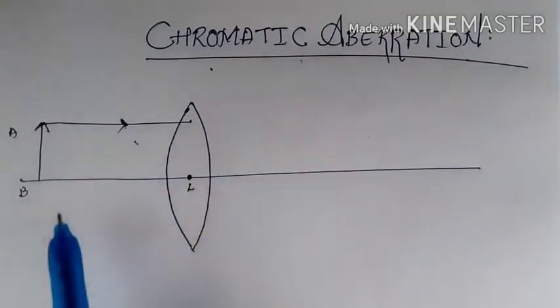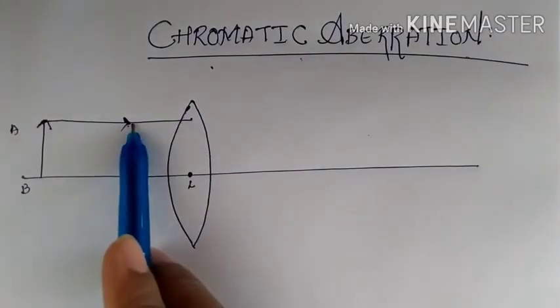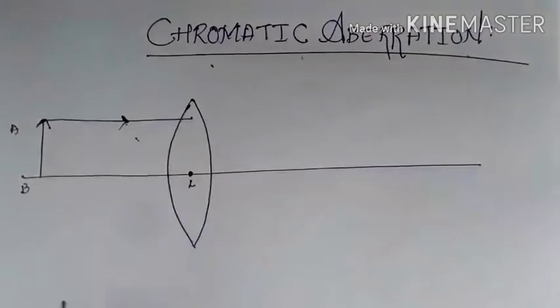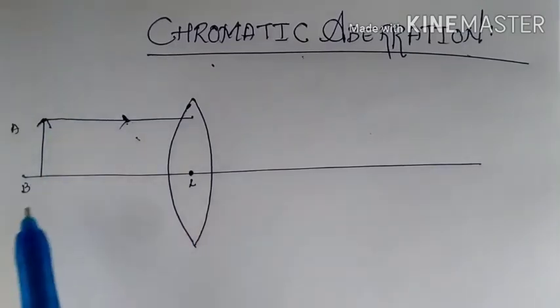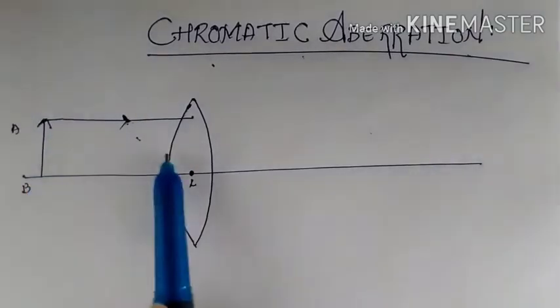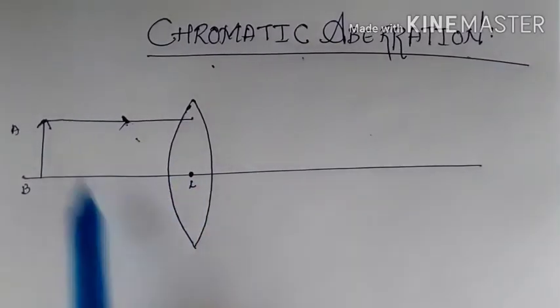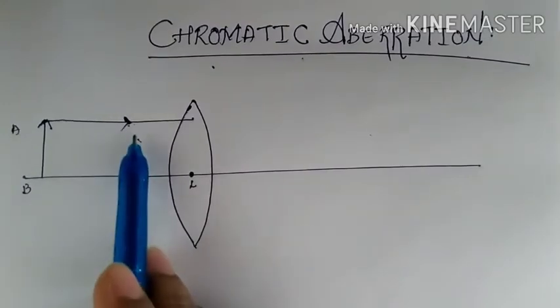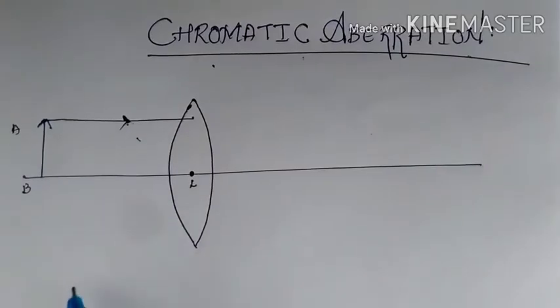But in our last section we saw that if you send one incident ray, there will be only one refracted ray. Later we saw spherical aberration, where the marginal rays and the paraxial rays have focus at different points. But in this case, this one ray of white light will get split into different rays, and these rays will have different wavelengths.